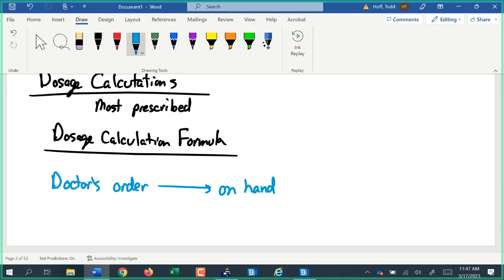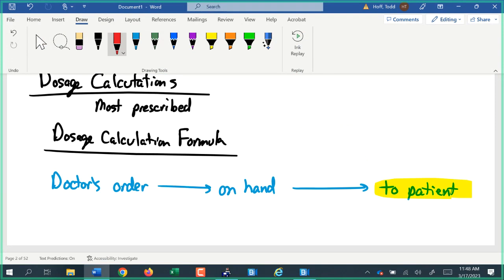On hand would be what's at the nursing station if it's a standard medication, or in the medicine cabinet, what the label on the solution or the vial tells us for concentration. That's going to help us determine the third amount, and that's what goes to the patient. Ultimately, that's what we're looking for: what do we put into the patient to get this medication where it needs to go?